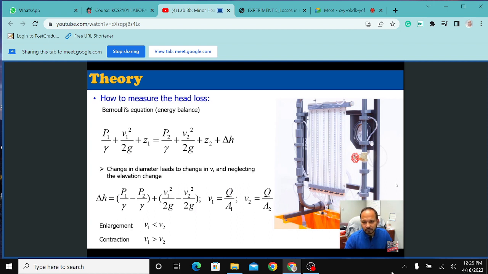On the other hand, when you are in the enlargement section and you're going to the contraction section, the velocity at the contraction region will be higher than the velocity in the enlargement. So let's move forward.